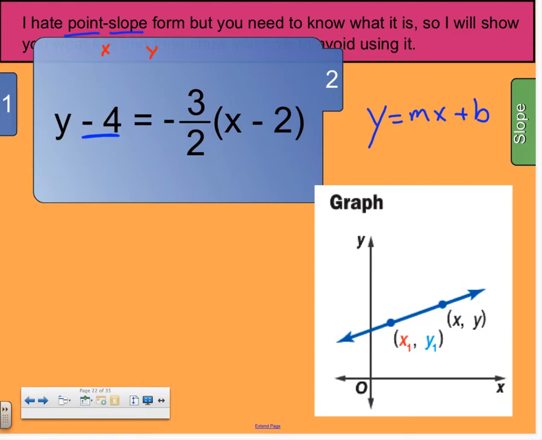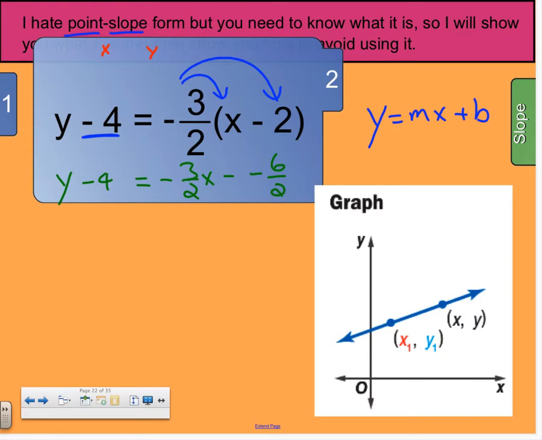The first thing I have to do is use the distributive property to multiply negative 3/2 by both things inside the parentheses. So I'm going to end up with y minus 4 equals negative 3/2 x, because I did negative 3/2 times x, minus, bring down that minus sign, negative 3/2 times 2, which would equal negative 6/2.